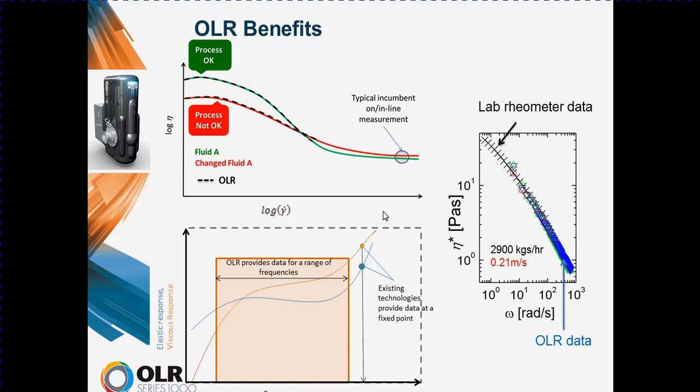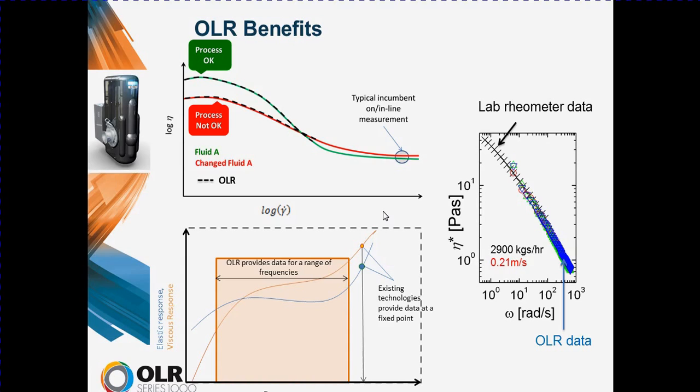Thirdly, the OnLine Rheometer data compares extremely well with laboratory rheometer data. You can see in the graph on the right hand side the three colored data sets, the blue, green and red shapes, are three consecutive OLR runs.